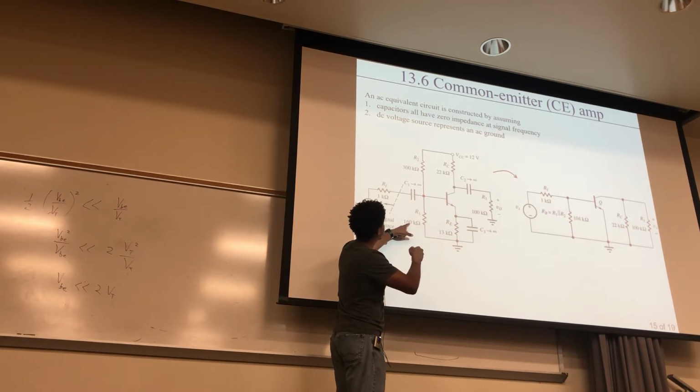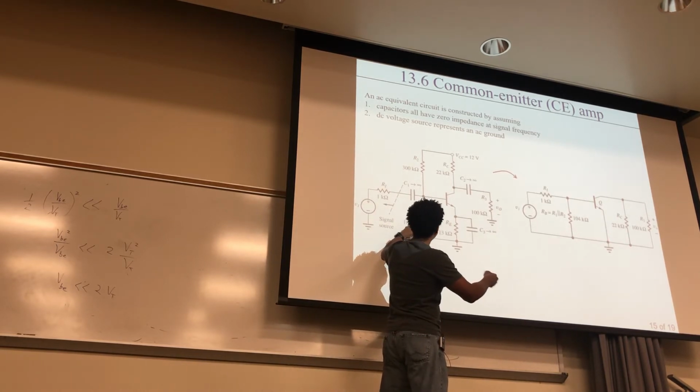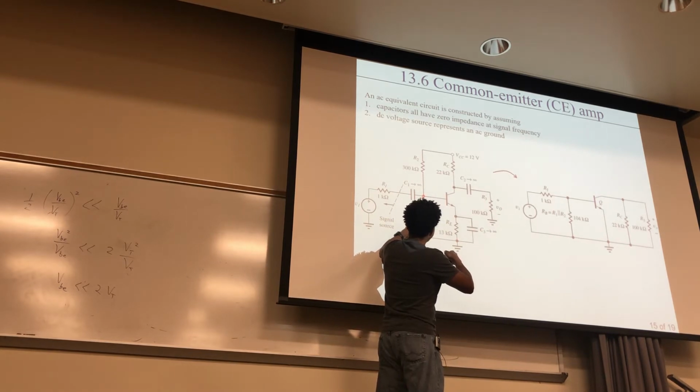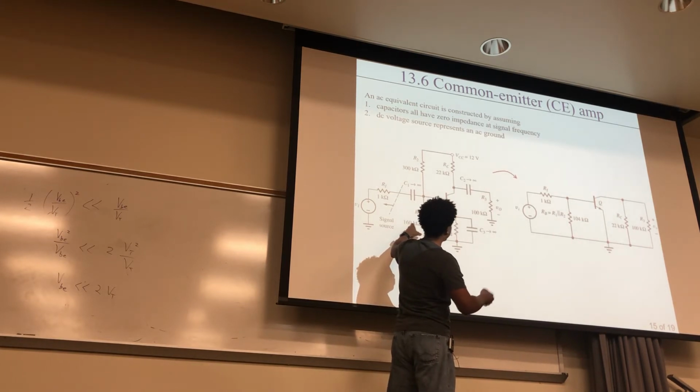So going from here to here is also ground. So this point is identical to that point, and we can just fold it over and have it meet there. That's what's happening here, but now they're in parallel because they're starting at the same high voltage and ending at the same lower voltage. So that's where that comes from.